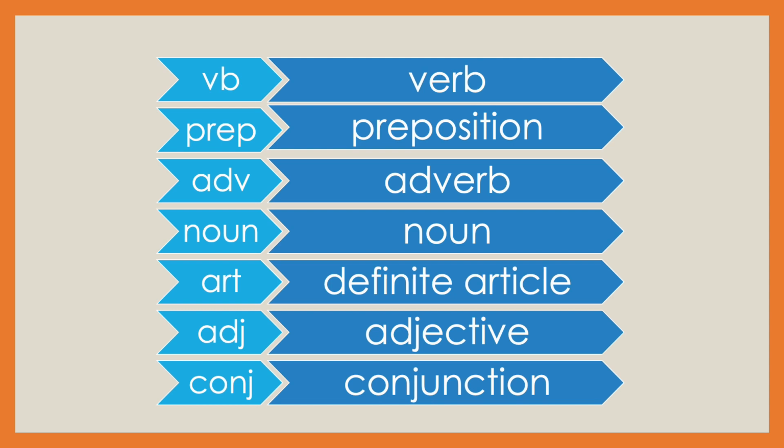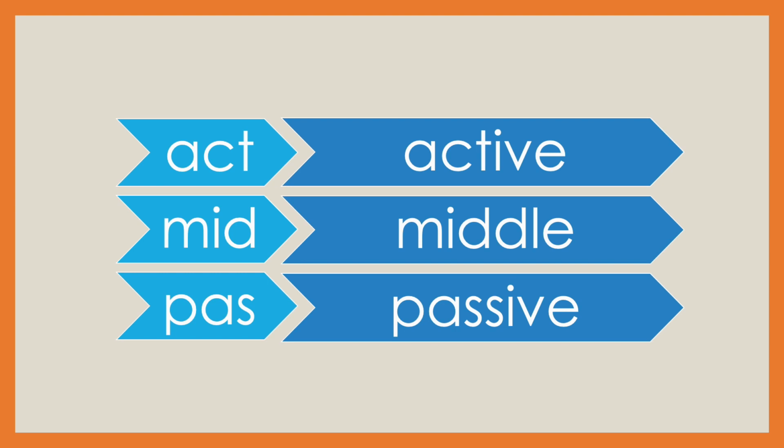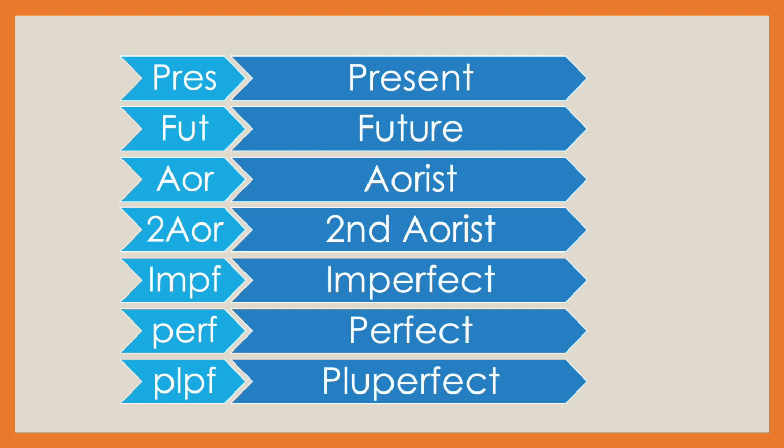So you have to know which order then that it's going to do the parsing in order to know which of those it is. But usually most of these apps will give you a 3 or 4 word abbreviation that makes it obvious which one it is. Using these abbreviations can basically help to make things a bit quicker, and they take up less room, of course. Act, mid and pass obviously are active, middle and passive.